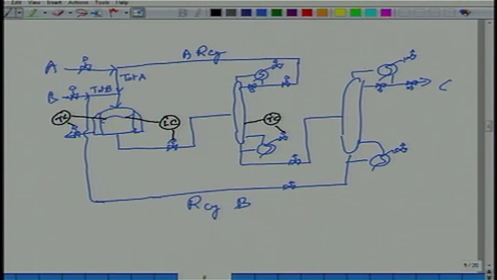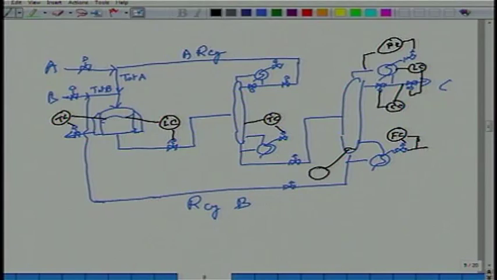You will have pressure control, level control. Product purity must always be controlled, right? Because you are guaranteeing. So maybe you have a composition controller that sets the reflux. You have a flow controller on the stream, and you have a level controller that goes like this.